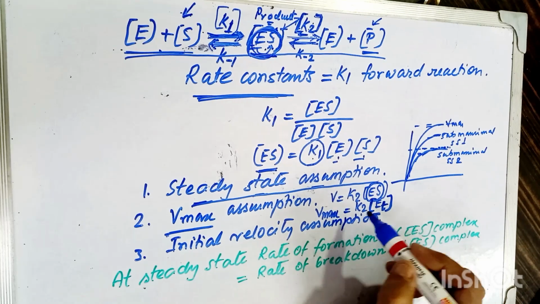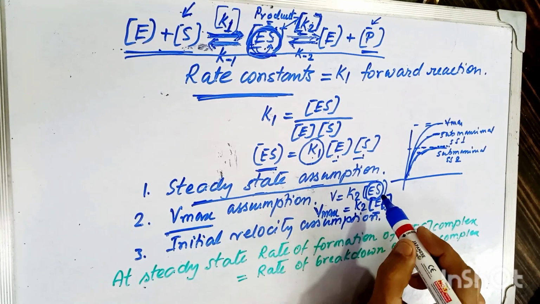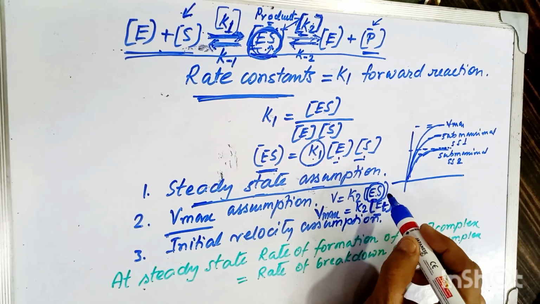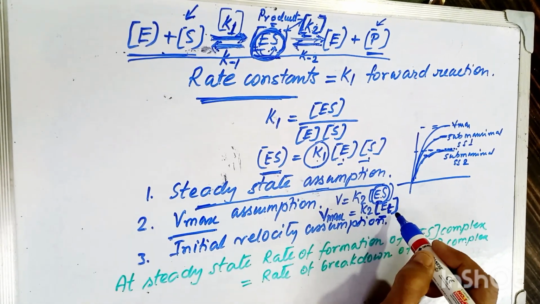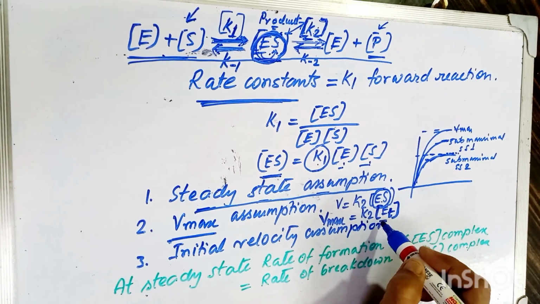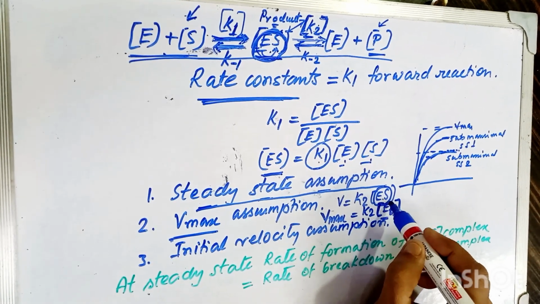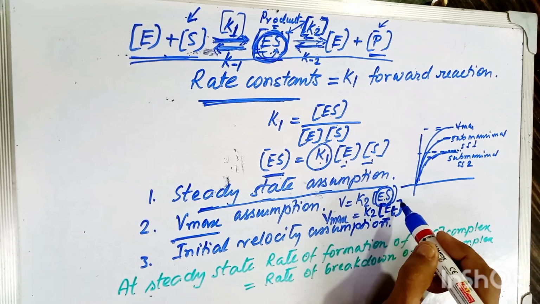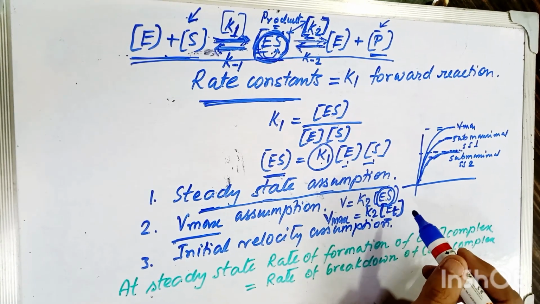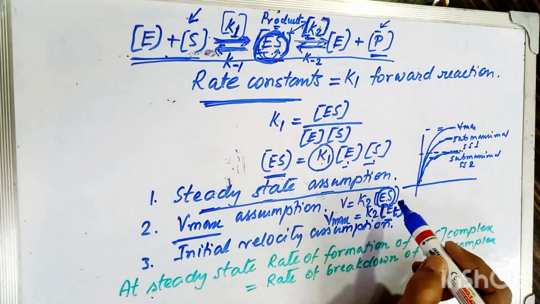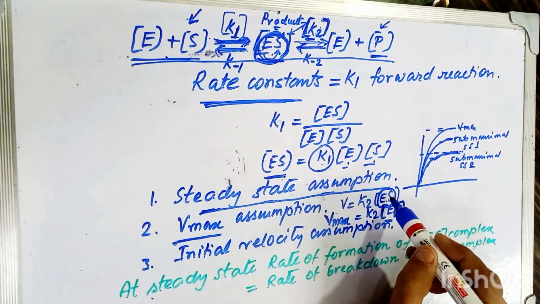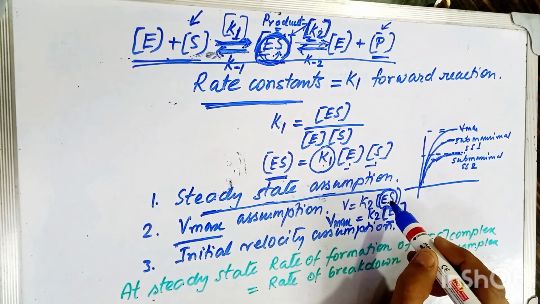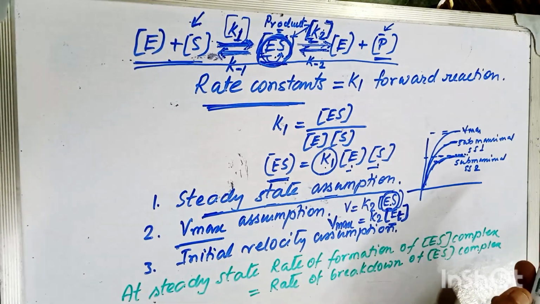We assume that at maximum velocity, the total enzyme present inside the cell or inside the test tube is now bound to the substrate, acting on it, continually changing the substrate into product and releasing the product.